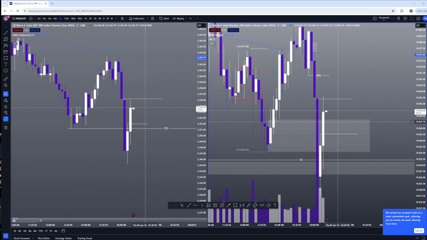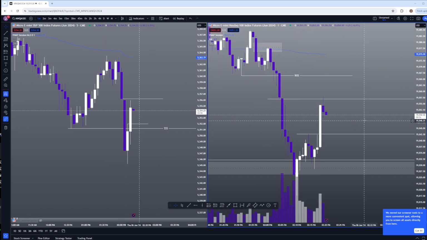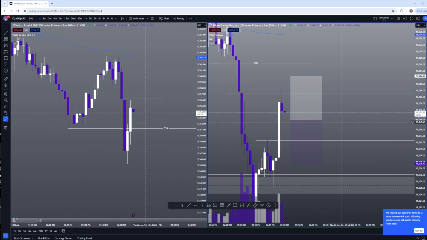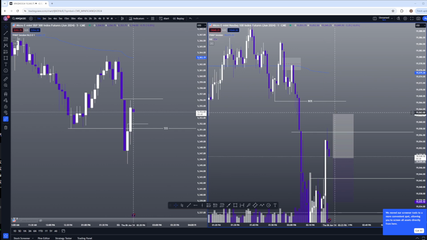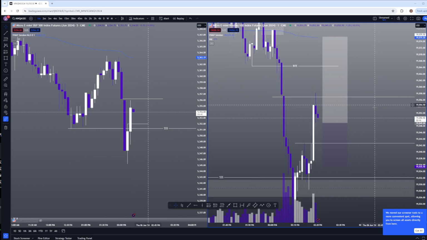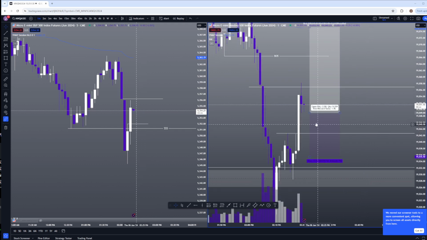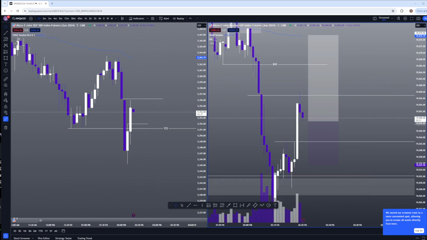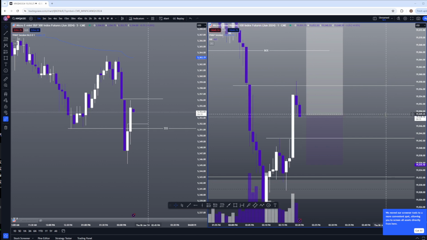Alright, so as long as we close above, so we disrespect the breaker, I'm going to start looking for longs here. Seeing failure to displace on the 15. Silver bullet hour. 1-minute fair value gap here. Disrespecting the 5-minute breaker. This is when I start looking for longs.